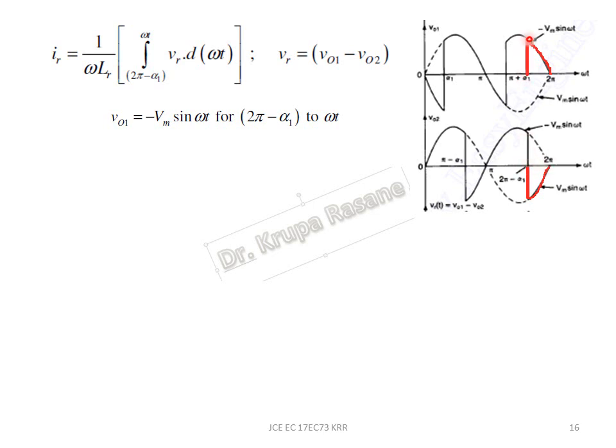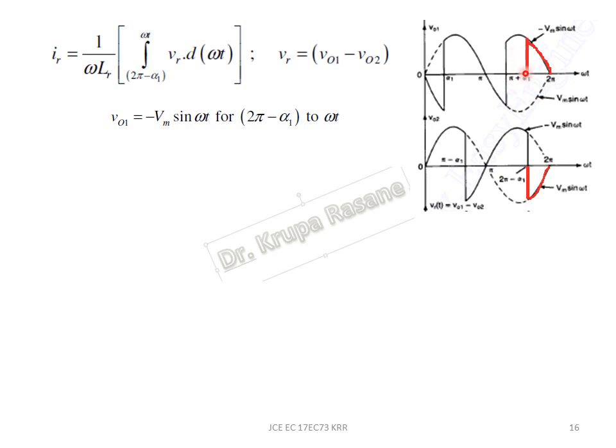You can see in this period it is basically minus Vm sin omega t, that is V01. And for the reverse it is going to get rectified, right?